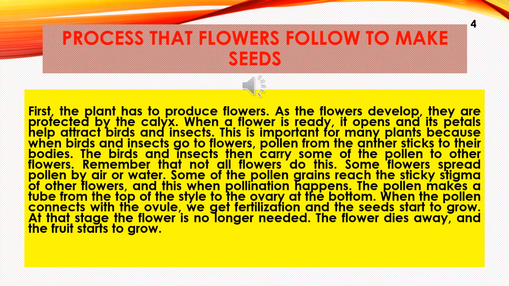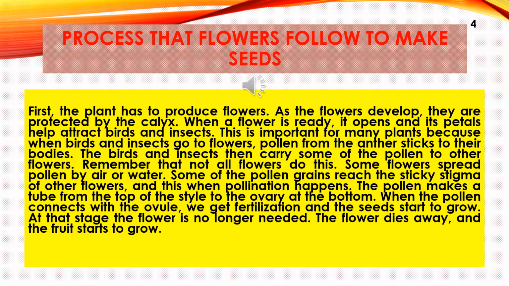Then pollen from the anther sticks to the body of the birds and insects. The insects and birds carry pollen to other flowers. The pollen transfers from the birds or insects to the stigma at the top of the style. Pollination happens.